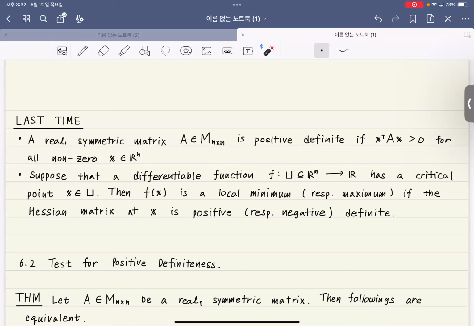When A is a 2 by 2 matrix A, B, B, C, being positive definite means the leading coefficient A is positive and the discriminant, AC minus B squared, is positive. This is the criterion that tells us whether a given 2 by 2 real symmetric matrix is positive definite or not.